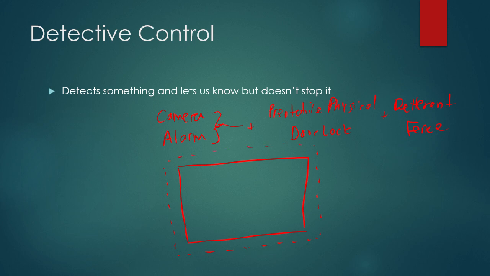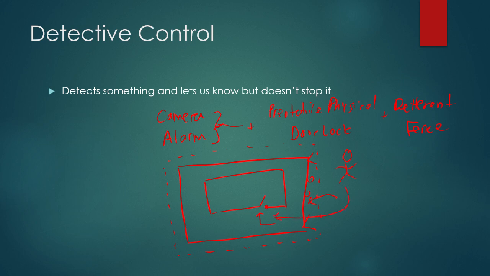Nobody's gonna get through. If you climb the fence, then we've got cameras watching you, and we've got alarm sensors watching you, and then you'll get caught. And by the time the security guard shows up to catch you, we also have a door lock. So then our most secure room, we've got a lock. So if you manage to get in, you'll be picking the lock. By then, the security guard will come here and catch you.